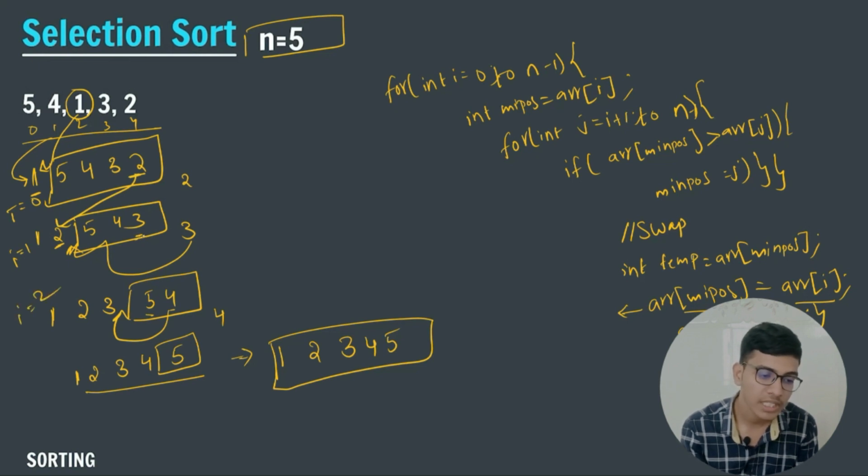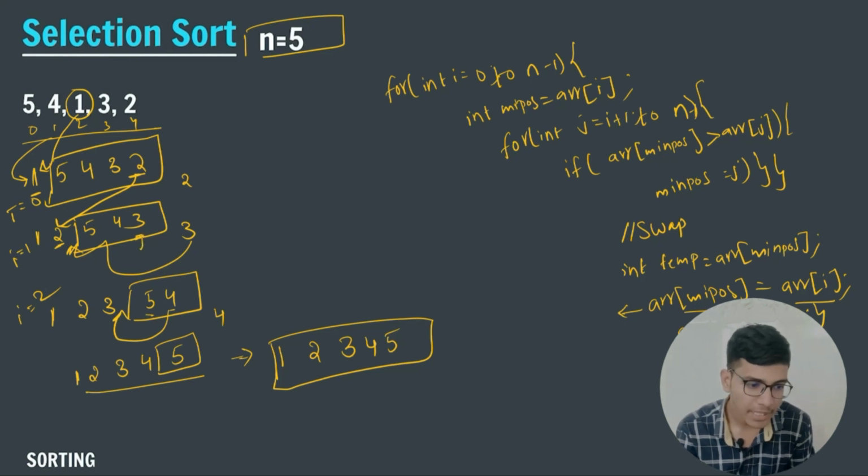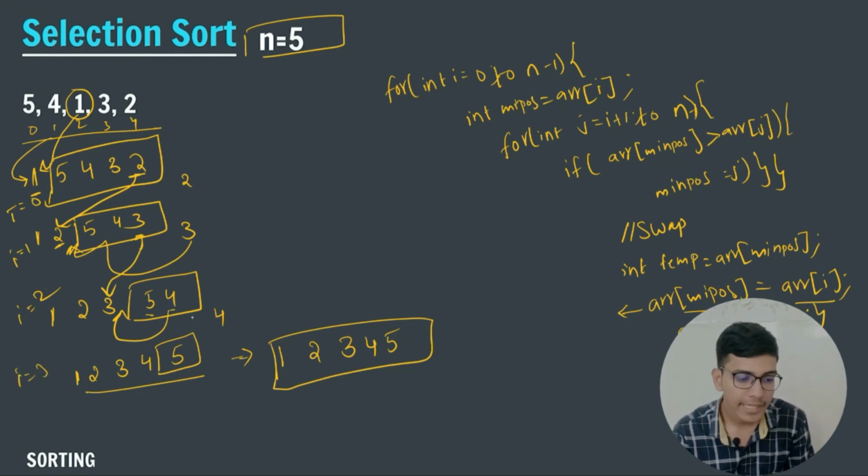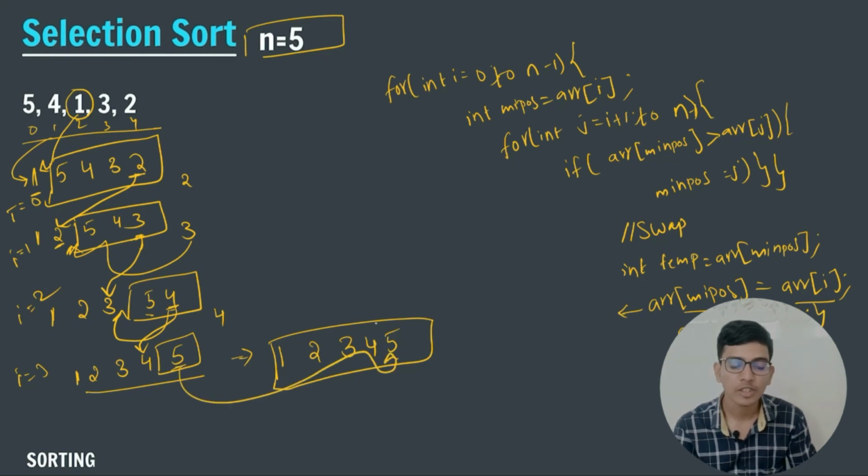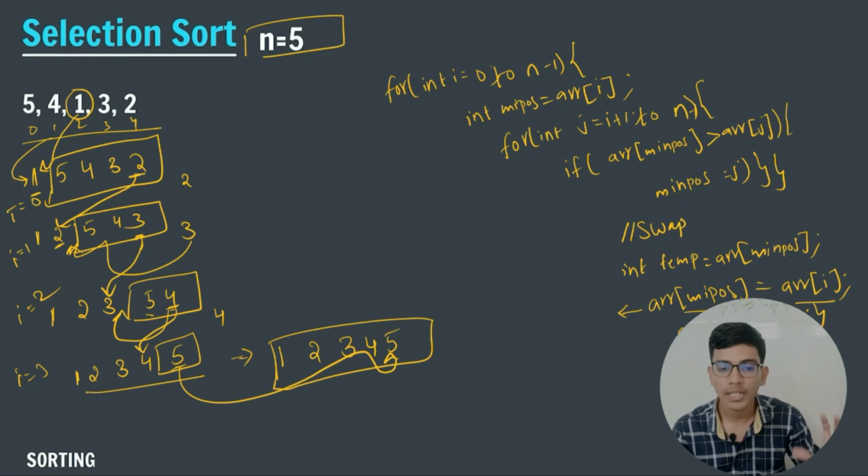So the minimum value is 3, and I am taking this and placing it at i is equal to 2. After that i will become 3, so I am taking 4, which is the minimum value in the unsorted part, and placing it at the 3rd index. After that 5, placing it at the fourth index. So this is how the selection sort algorithm works.